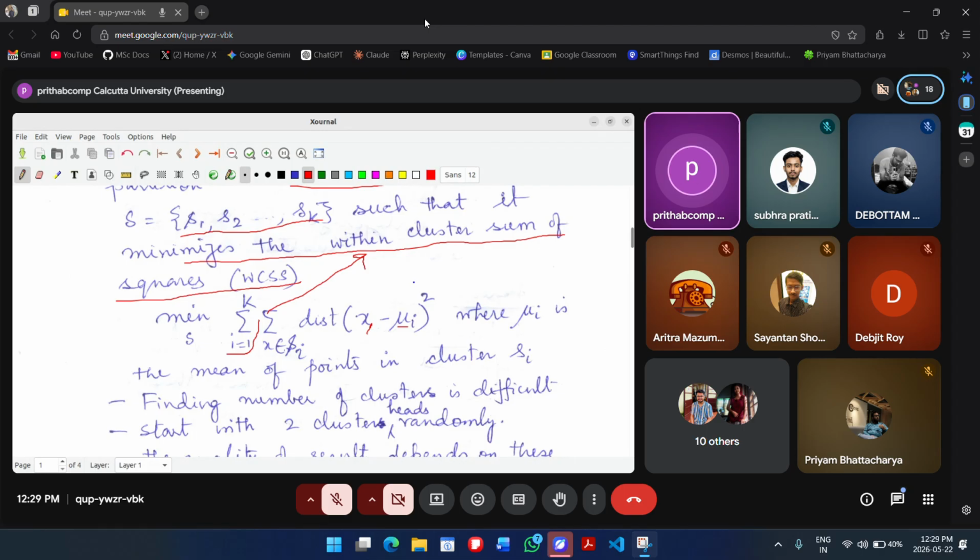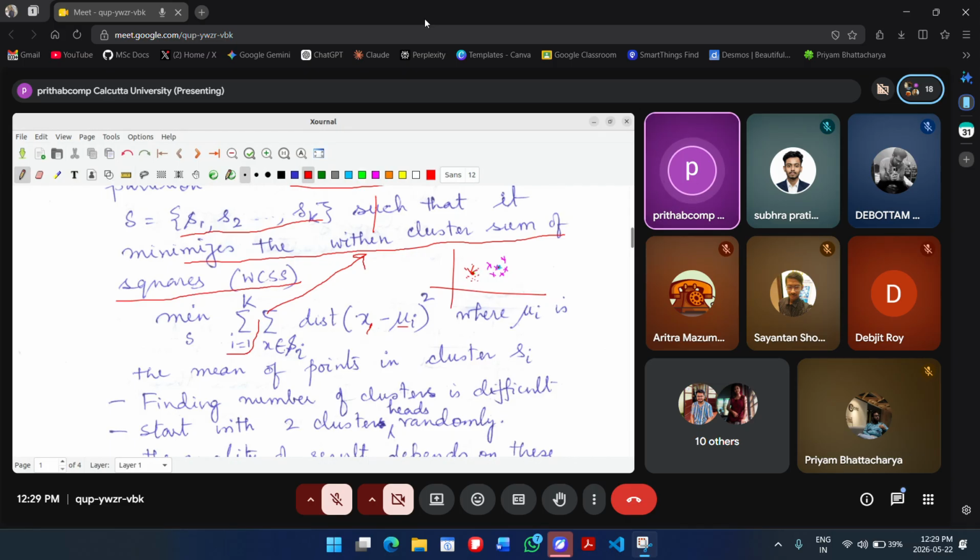If you look at an example, suppose these are the points in one cluster and these are the points in another cluster. The mean is going to be somewhere over here for this one, and somewhere over here for the other. So these are the means.